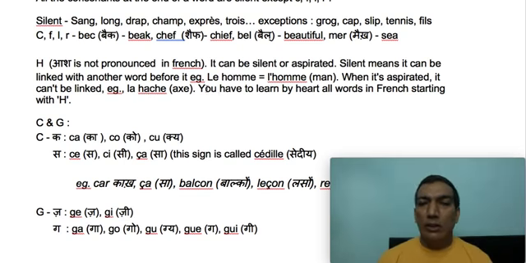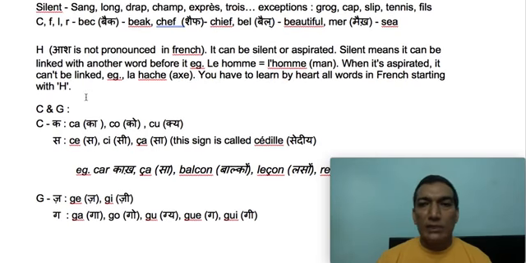So whenever it is an exception, it is the same thing. In fact, for H, you have to learn by heart all the words in French starting with H, whether it is silent or aspirated H. Okay, so that's all for this.